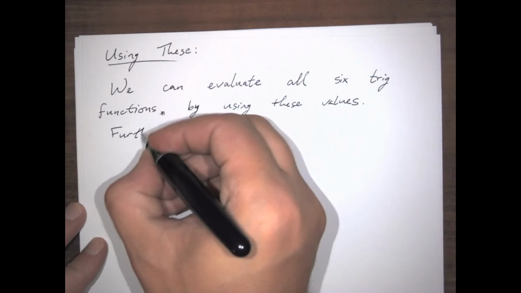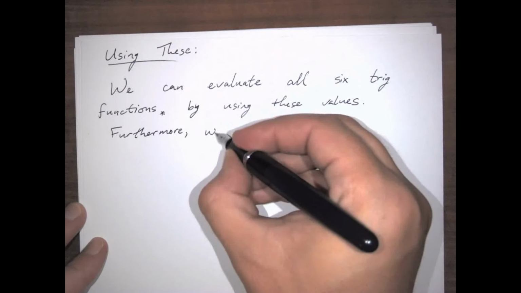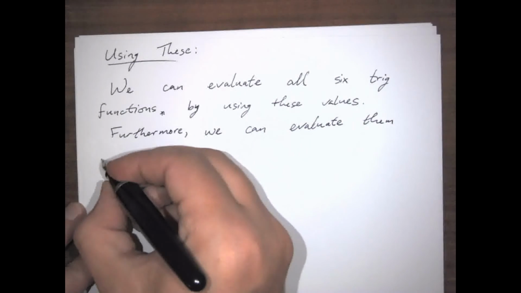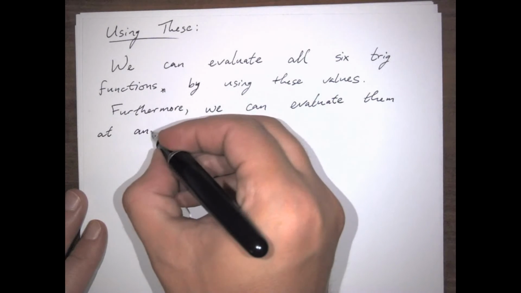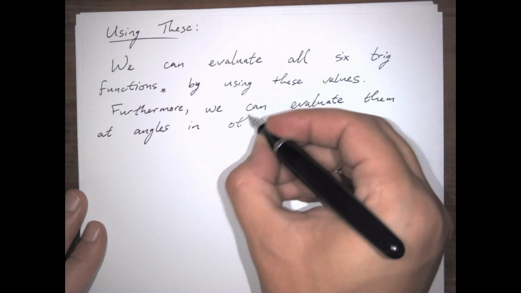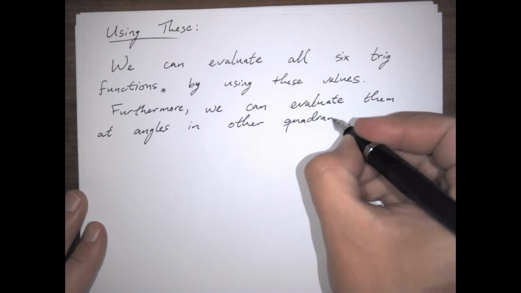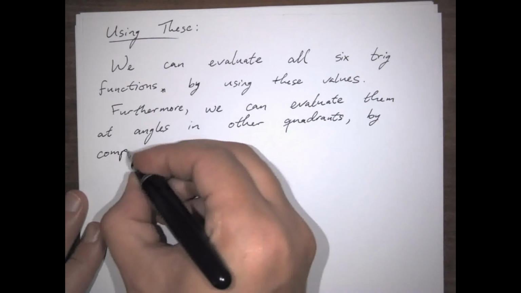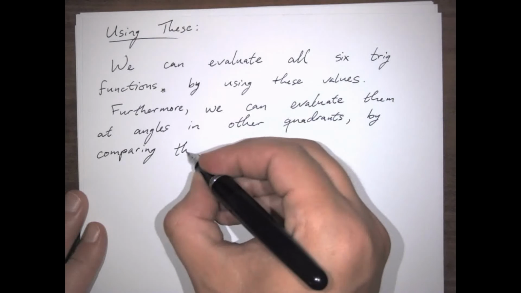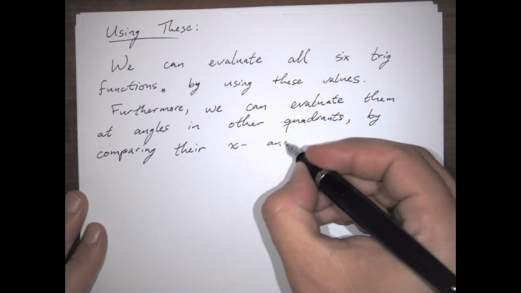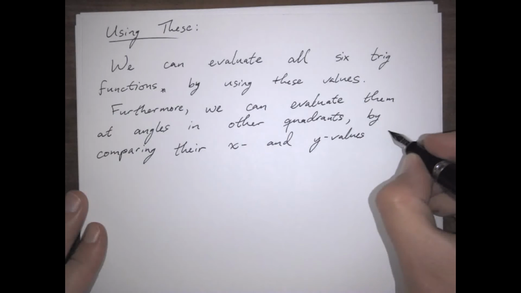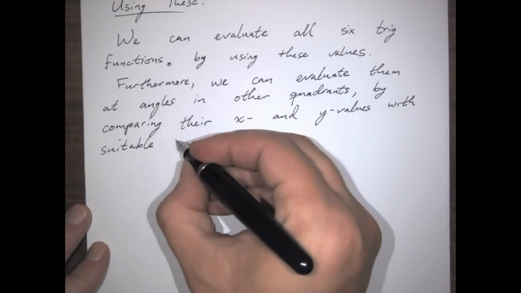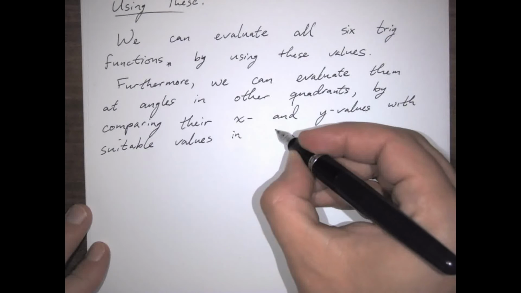Furthermore, we can evaluate them at angles in other quadrants by comparing their x and y values with suitable values in quadrant 1.